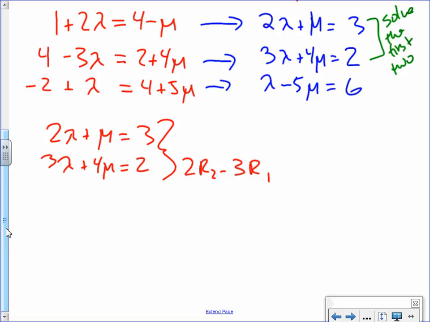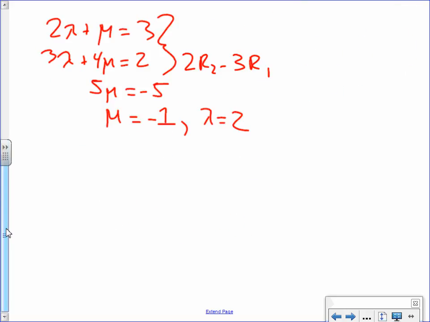So 8 minus 3, it's still 5, isn't it? 4 minus 9 is -5. There you go. Good suggestion. So mu is equal to -1. And if you plug that into here, divided by 2, lambda would equal 2. Right? But since there's 3 equations, you need to plug it into the third.